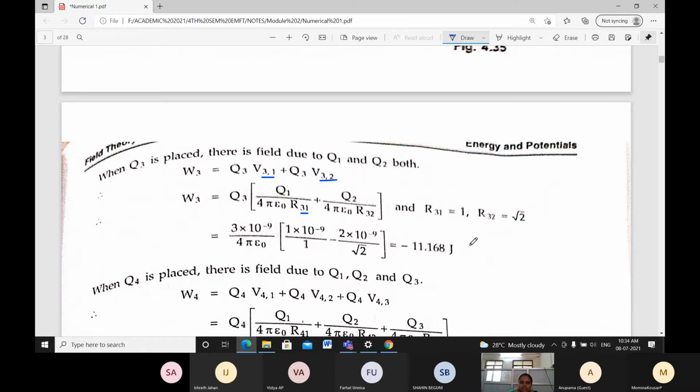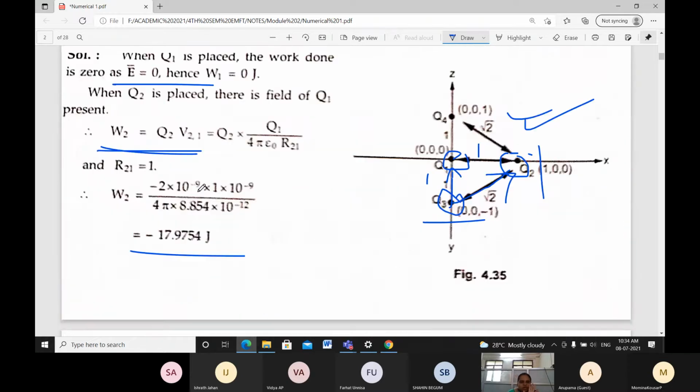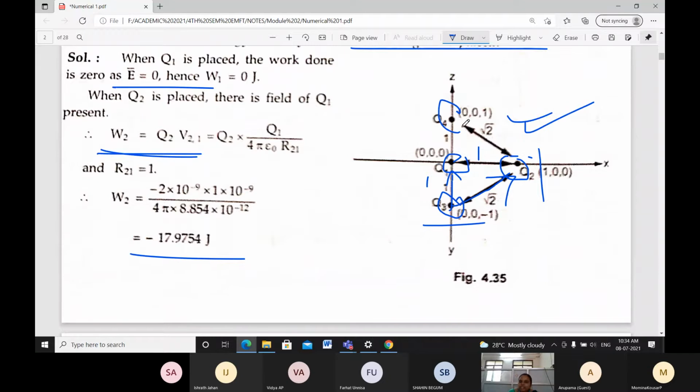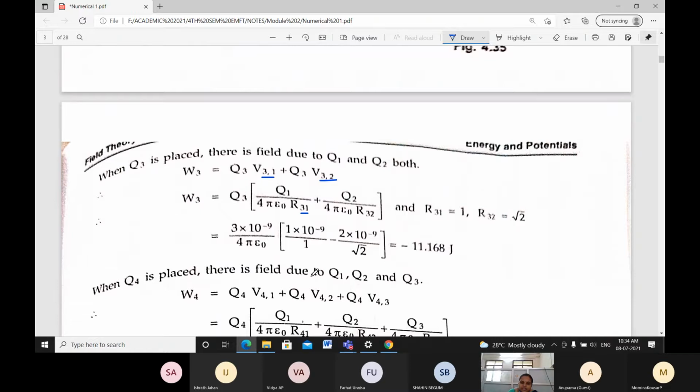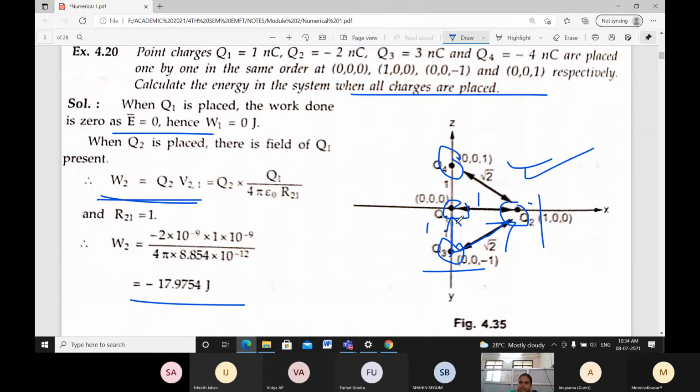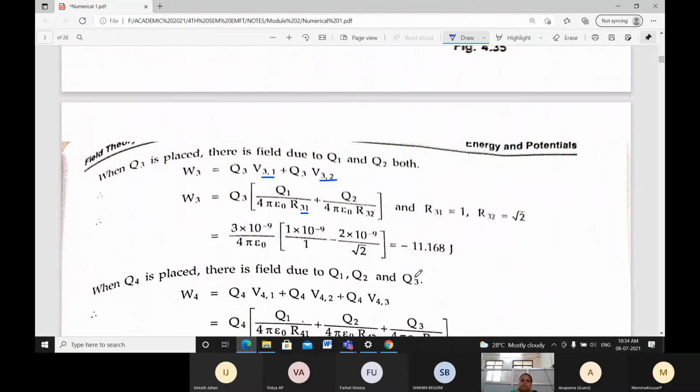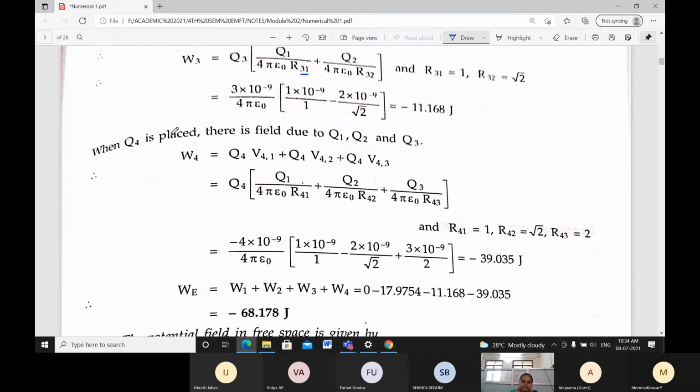This is up to where? Up to the third point charge is placed. One more is left, the fourth point charge, where it is exhibiting for all the remaining ones. Therefore, when Q4 is placed, there is a field due to Q1, Q2 and also Q3. Therefore, W4 is going to be Q4 V41, Q4 V42 and then V43.